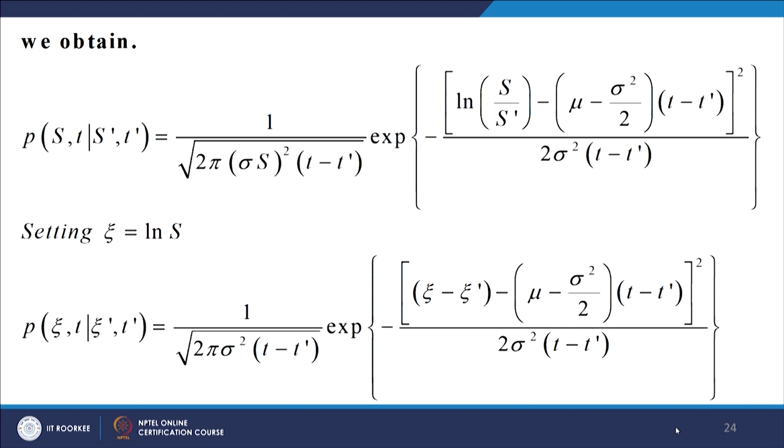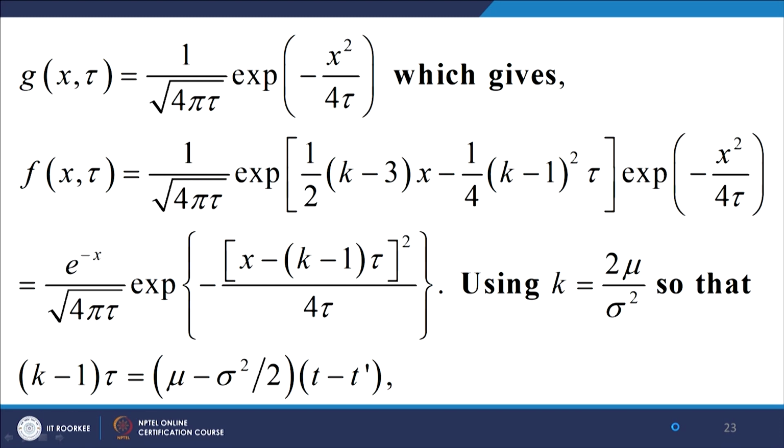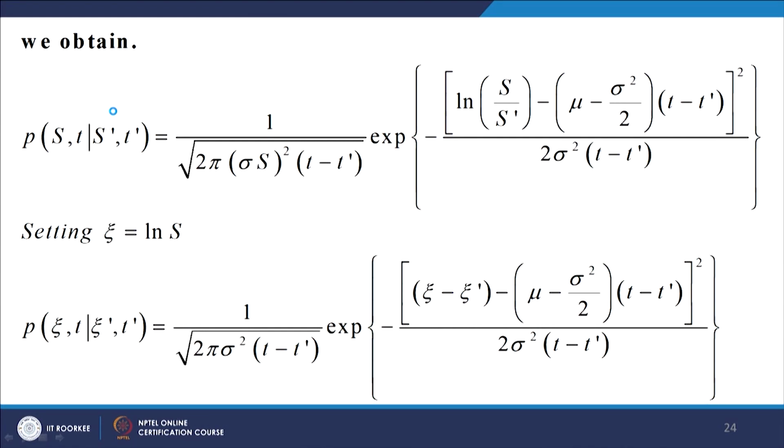When you make the reverse substitutions, you end up with this particular solution for p, and if you put xi equal to log s, this solution turns out to be a normal distribution.